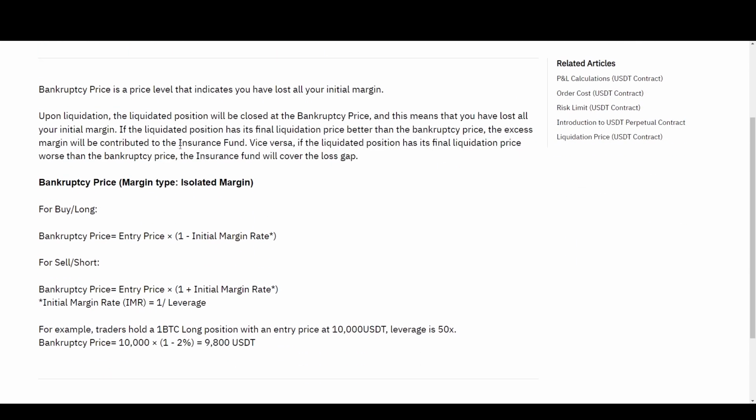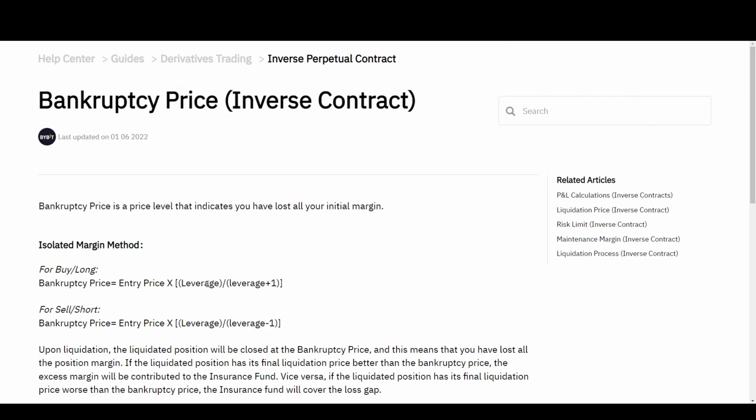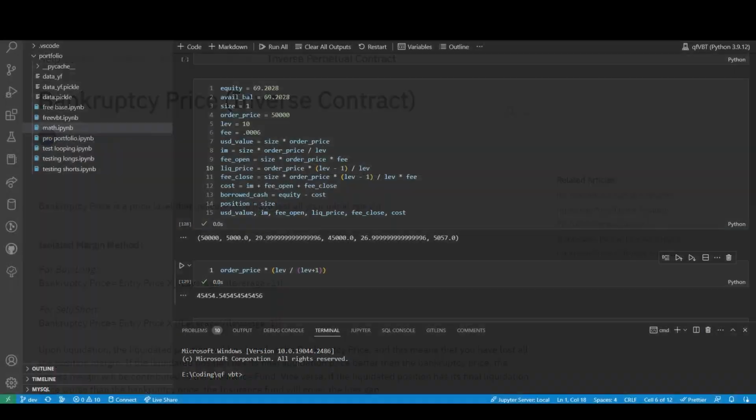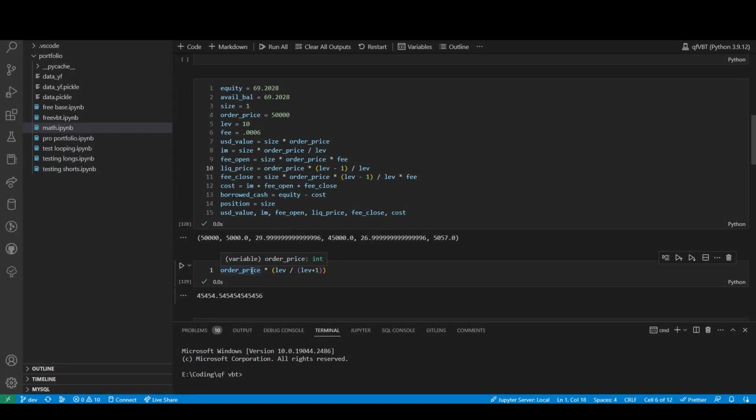How the hell are these things different? 1 divided by leverage plus 1? Even if I come over here and do it the way they're doing it, order price times leverage divided by leverage plus 1, that's not the same thing.